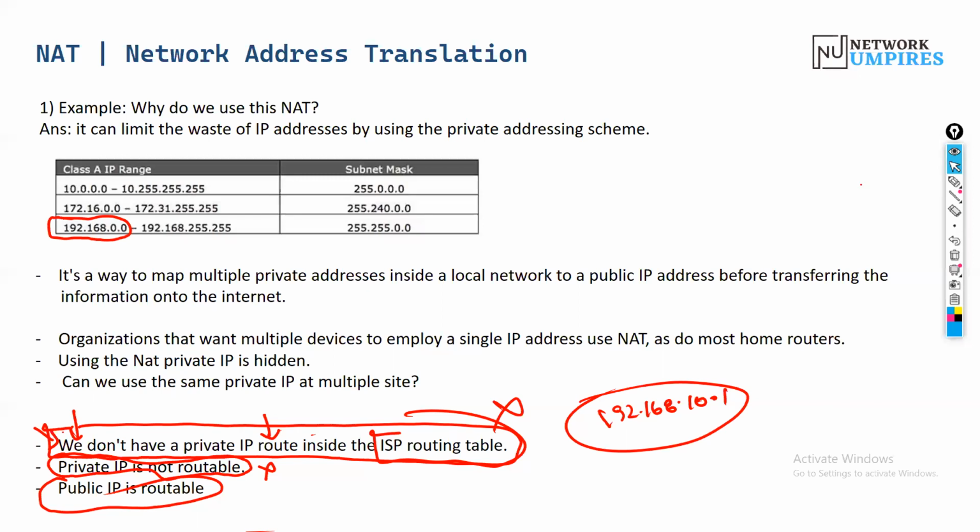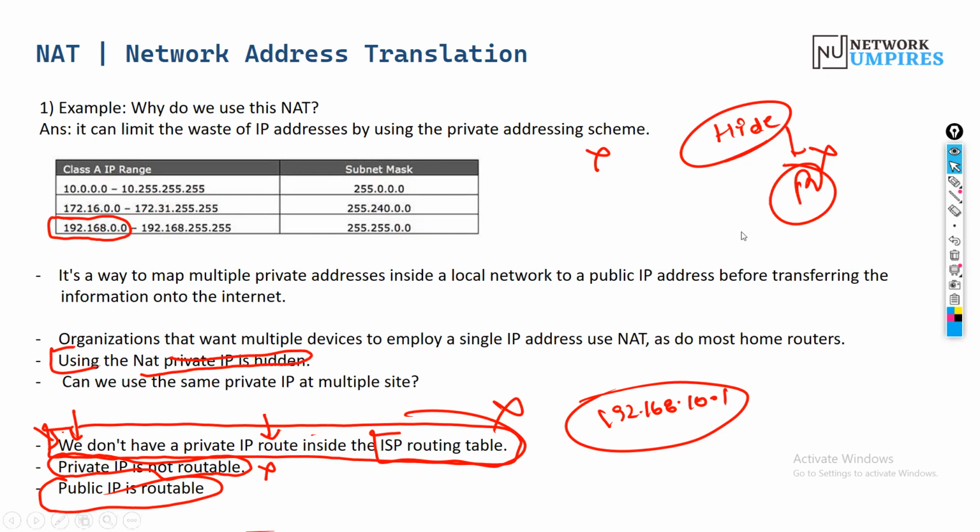Same IP we can use in different organizations. Yes, it is possible. And using NAT, the private IP address is hidden. No one can see your private IP addresses.